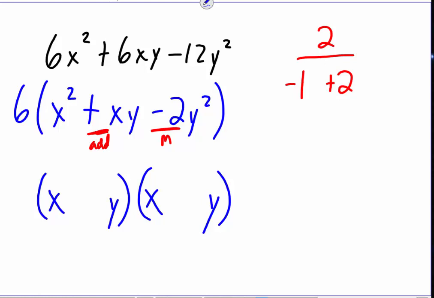And then we're going to put the numbers in there. Now, I know I don't have to put a negative 1 in here, but I'm going to anyway. So I'm going to put negative 1 and a positive 2. Now, am I done? No. I forgot one very important thing, and that's that the 6 has to come down as well. If we forget that, it is not correct.